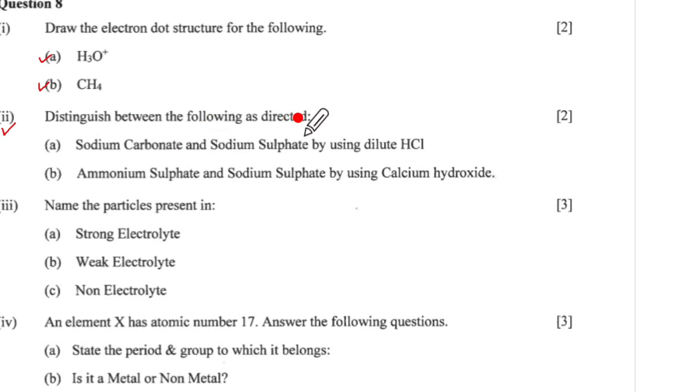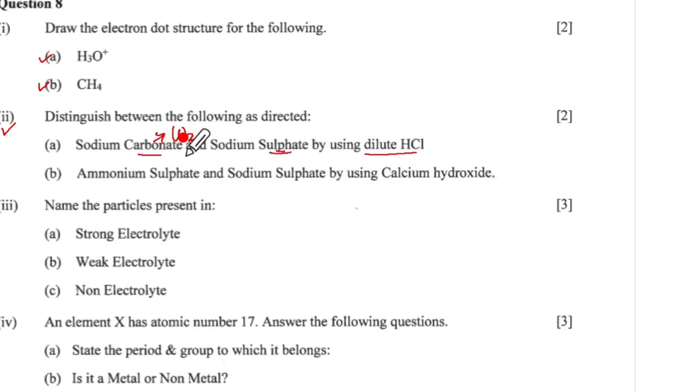Distinguish between the following as directed: sodium carbonate and sodium sulfate. We have to distinguish. Now here, if you add dilute HCl to this and this, this is going to give you CO2 and this is not going to give any reaction.